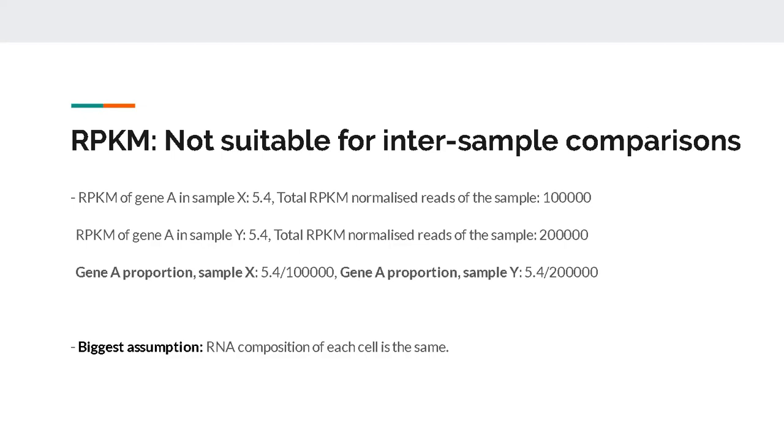Now, RPKM, as Ashwin already mentioned, is not suitable for inter-sample comparisons. One of the points that he mentioned already was that the length of the gene would remain the same across two samples.